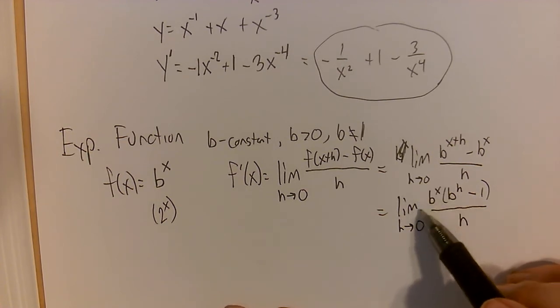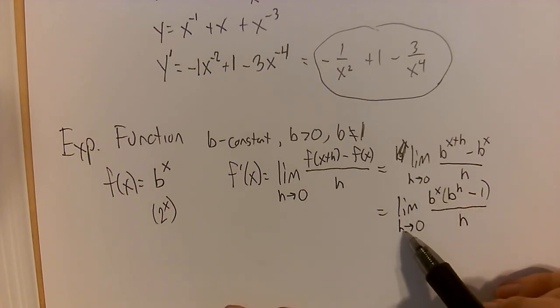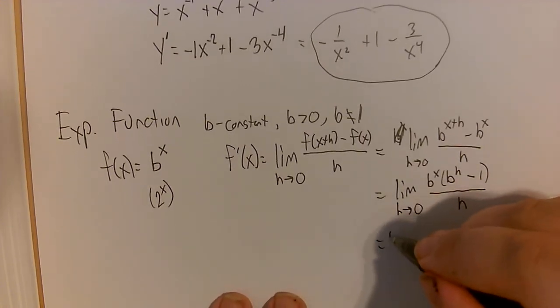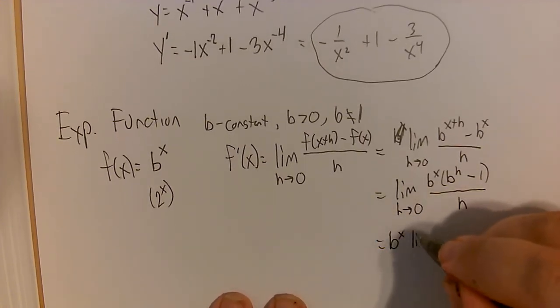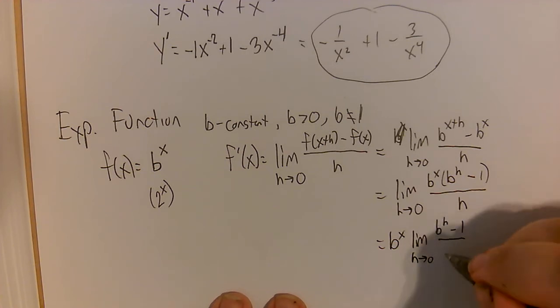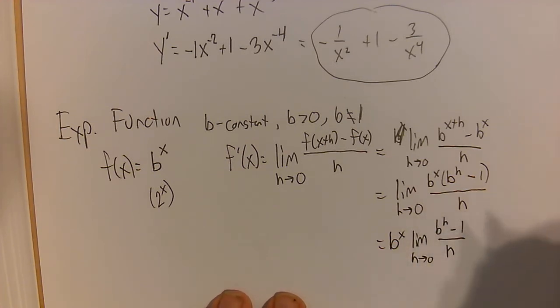Now notice that b to the x doesn't have any h's in it. And with limits, if you don't have the variable that your limit is involving, you can move whatever that is outside. So we have b to the x, and then we have the limit as h goes to 0 of b to the h minus 1 over h right here.